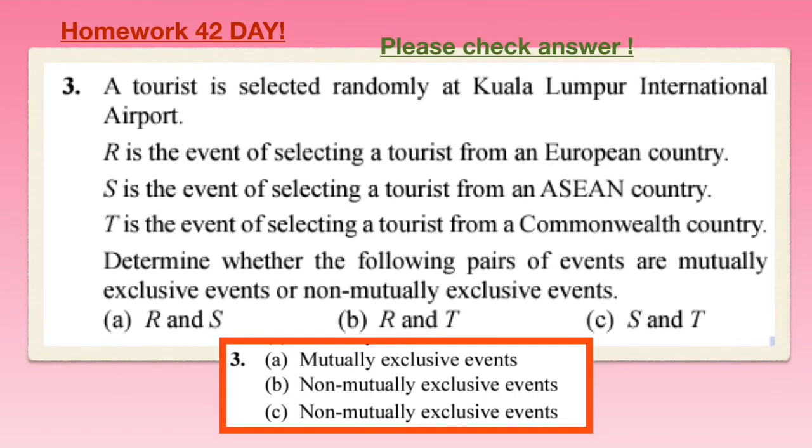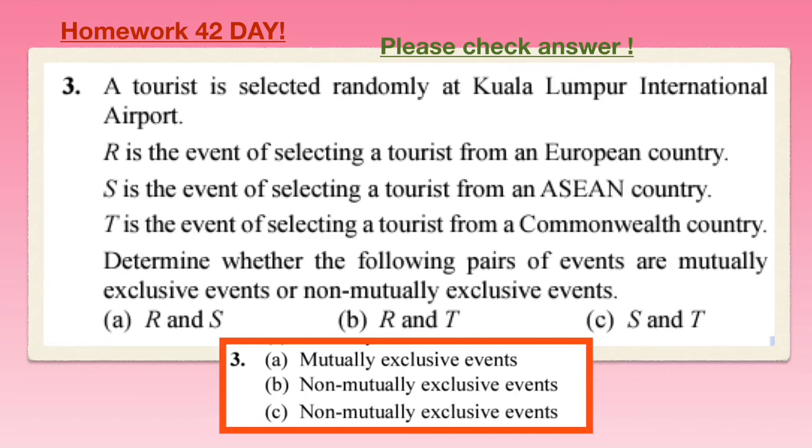R is the tourist from a European country. You know where Europe is, right? And then S is tourists from an Asian country like Malaysia. So it seems like R and S cannot happen at the same time, so they are mutually exclusive events. And R and T: R is from a European country, T is from a Commonwealth country.